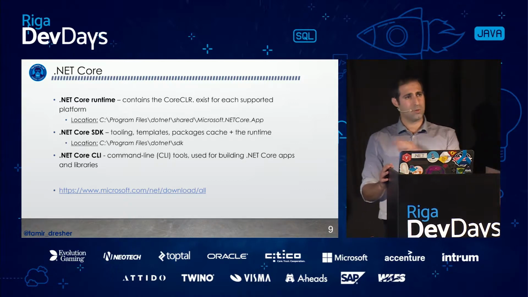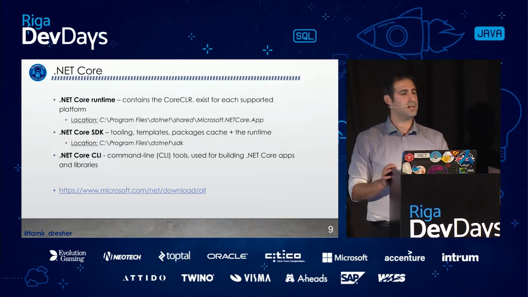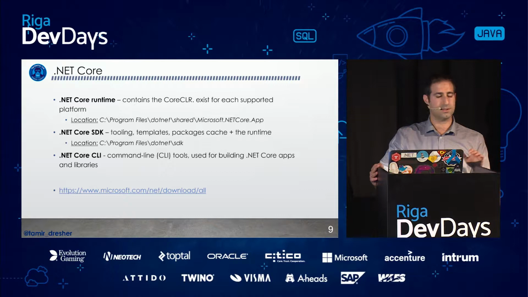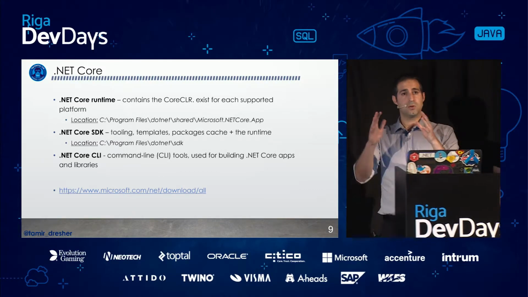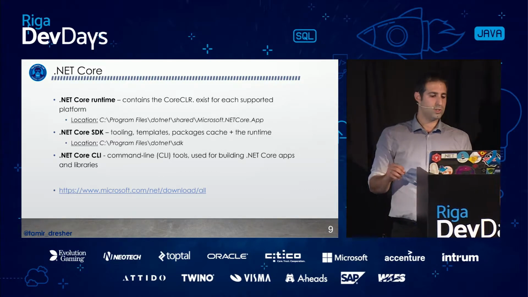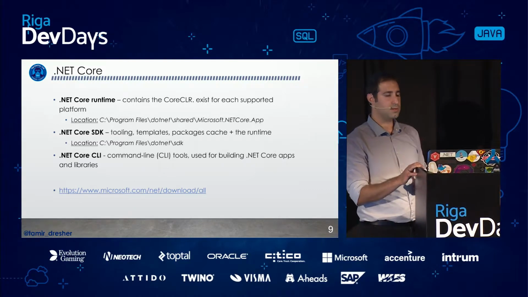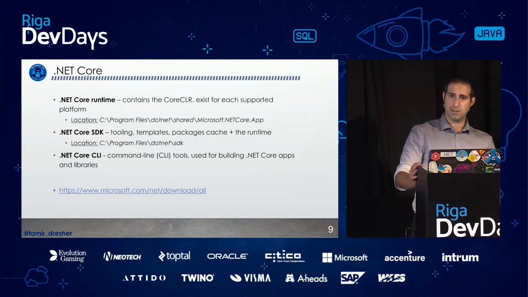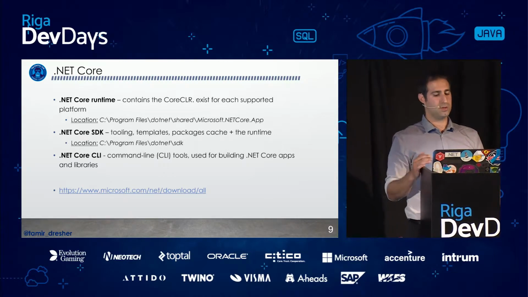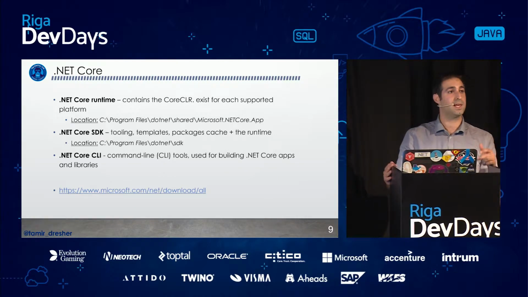And this sits as well under the dotnet folder, but in the sdk subfolder. Between those two, we have another component, which is the .NET Core CLI. This is a command line tool that we use in order to either build or execute our .NET applications.